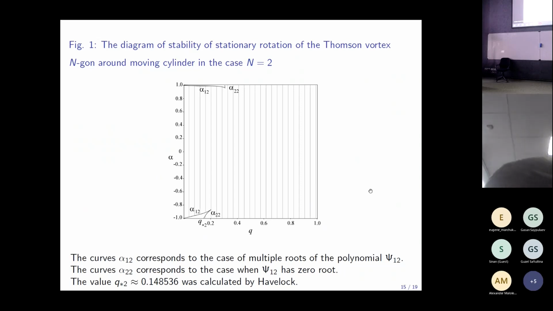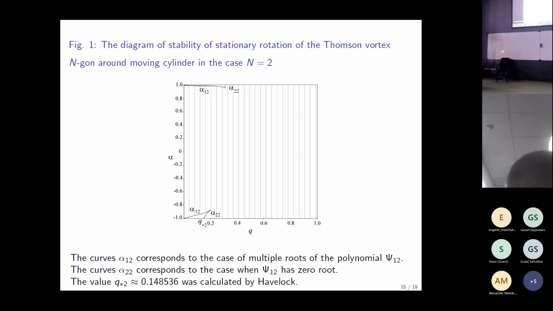The value alpha equals minus 1 corresponds to a fixed cylinder. The curves alpha 1, 2 correspond to multiple roots of polynomial psi1, and the curve alpha 2 is the zero root of the polynomial psi1. We have an analytical formula for these curves.